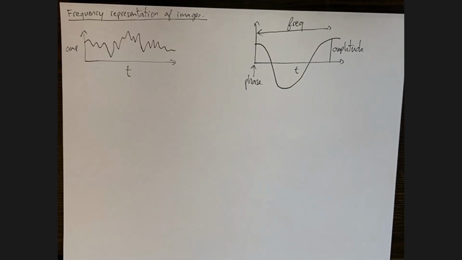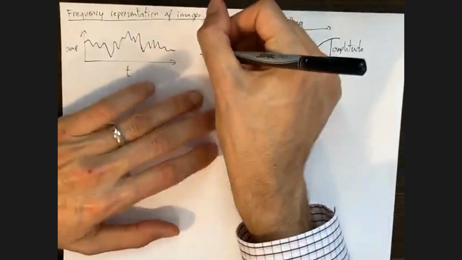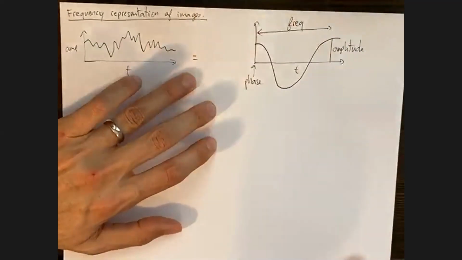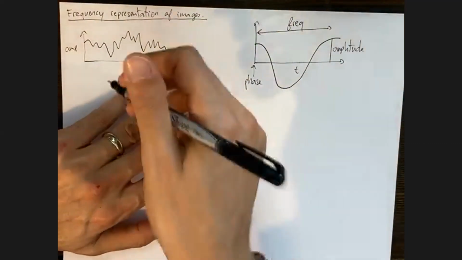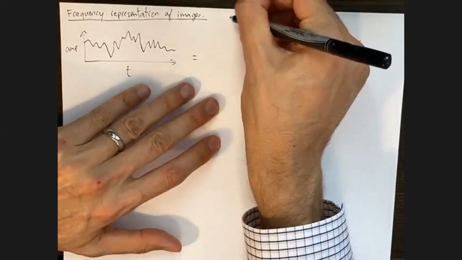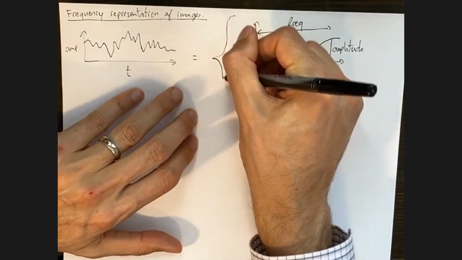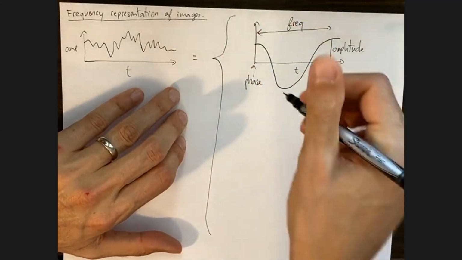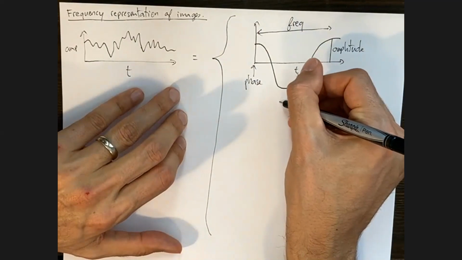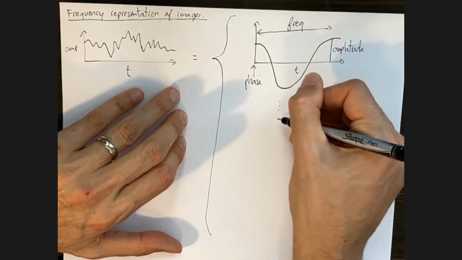When we do frequency analysis of a signal, we can represent any signal as an infinite sum of an infinite number of sine waves. To represent this in a non-mathematical way, this signal I've drawn on the left can be written as a very large sum of sine waves with different frequencies, different phases and different amplitude.